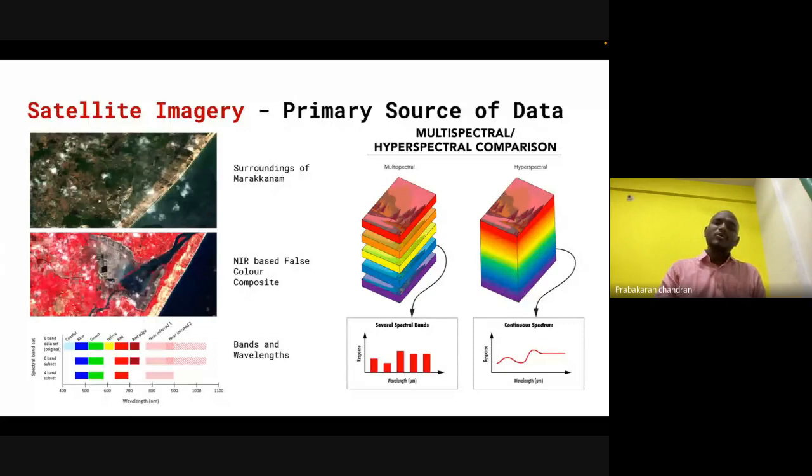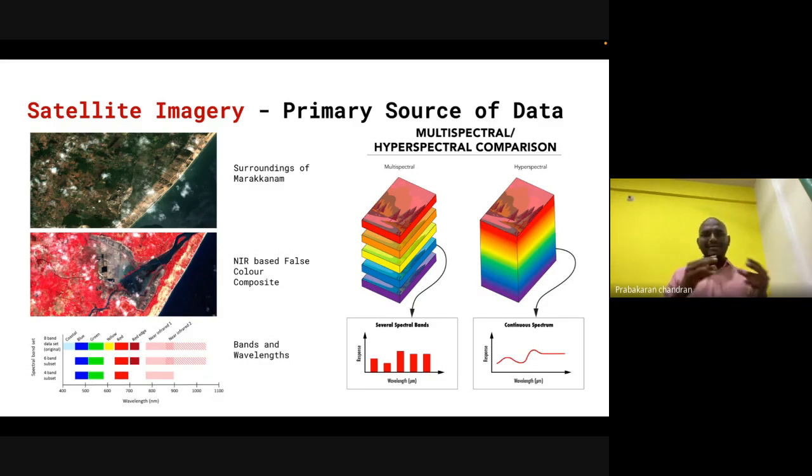Mostly, if we use satellites like Sentinel, which is one of the satellites launched by the European Space Agency, that gives us 12 different bands, which means 12 different characteristics of a particular element or surface can be studied, and all of them are different wavelengths.